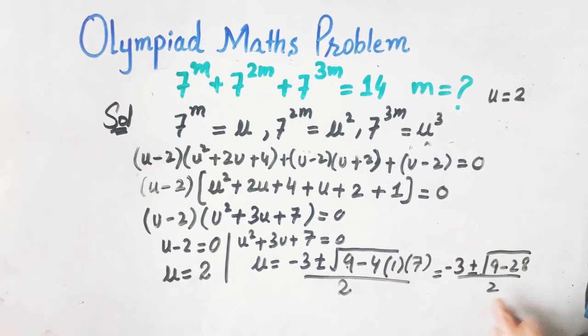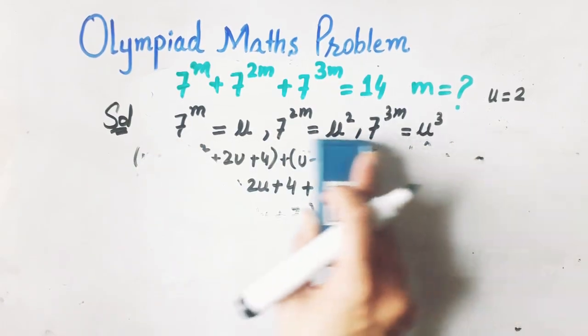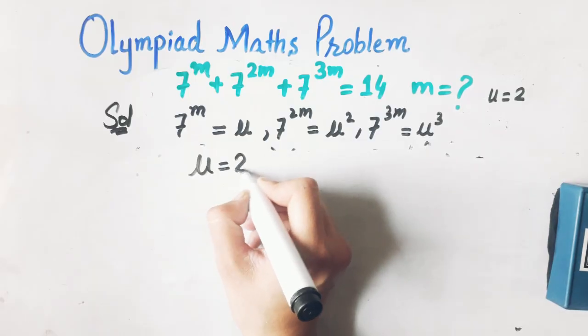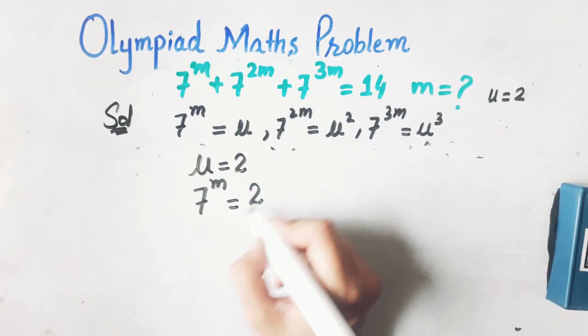So this will have complex root. This will be complex and this is rejected. So only possible is u equals 2. So write this here. What we get? u equals 2. That means 7 raised to power m equals 2.